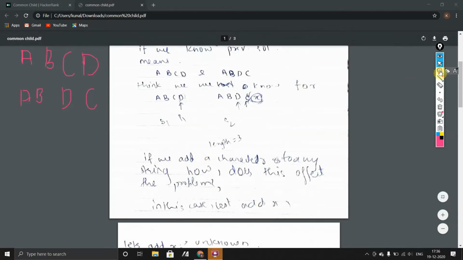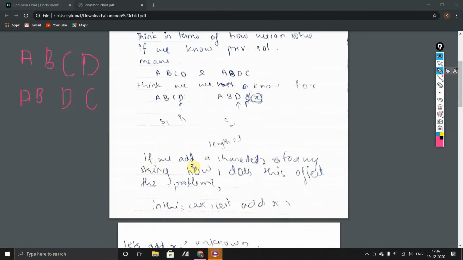Now the question that we are going to ask is, if we add a character to these strings, let's not call it D, it can be any character. Let's call this P1. P1 is the character which we add to S1, and X will be the character that we add to S2.